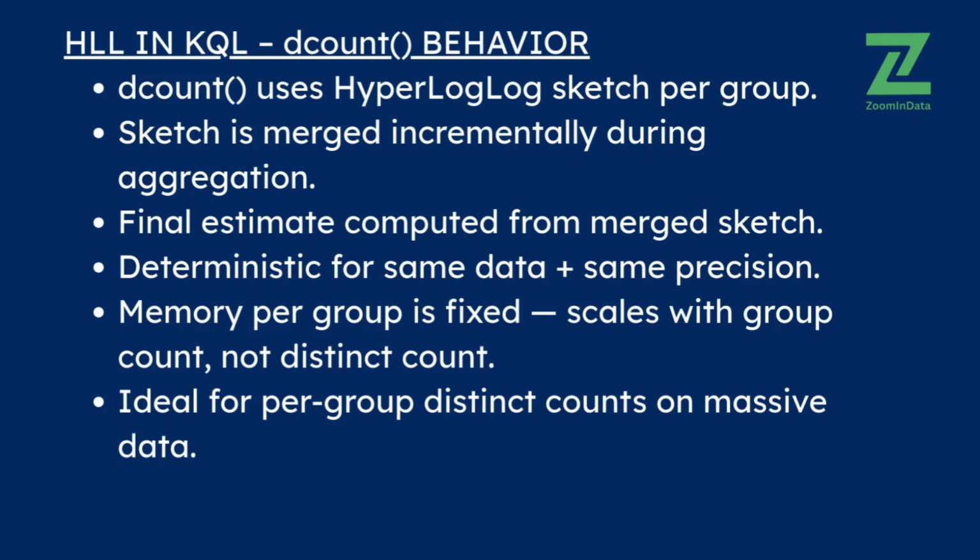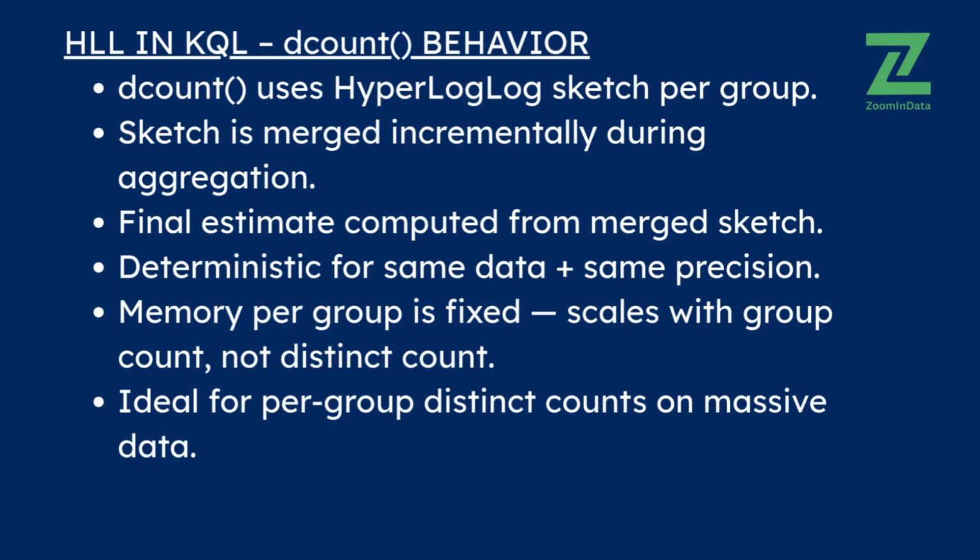How does HLL show up in KQL? dcount builds a Hyperloglog sketch per group during aggregation. Sketches are merged incrementally as data streams in. Very efficient. Final estimate comes from the merged sketch. It's deterministic. Same input data and same precision setting always give the same estimate.